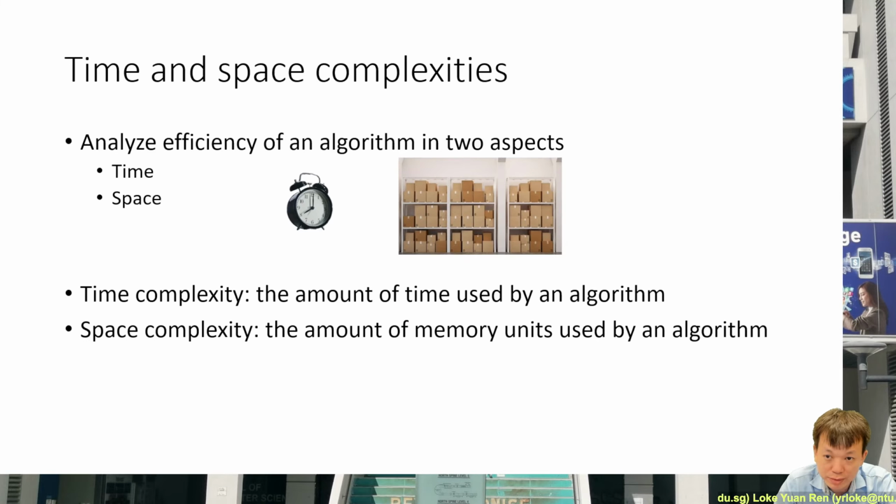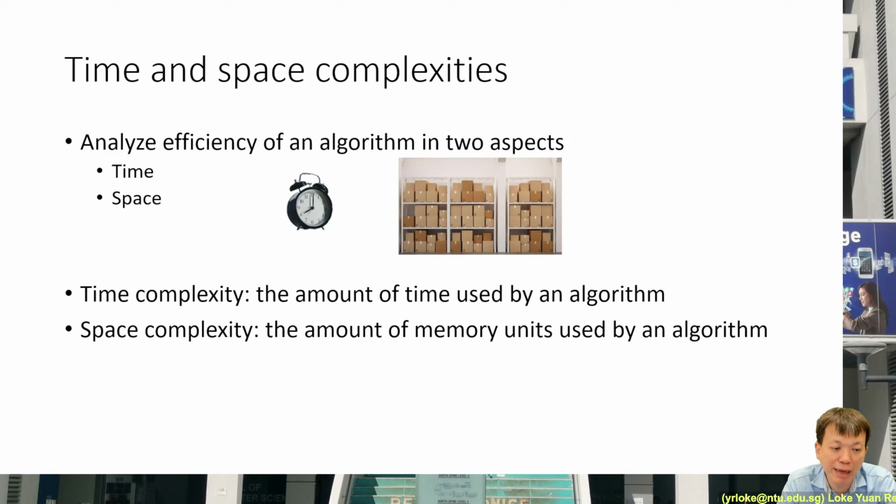So in short, we will discuss two complexities, time complexity and space complexity. I mainly focus on the time complexity because once you know how to analyze the time complexity, for space complexity you can use a similar way to measure the amount of memory units used by an algorithm. Time complexity is the amount of time used by an algorithm.